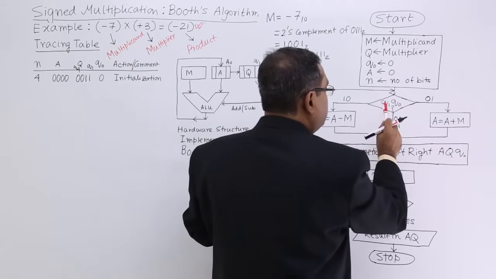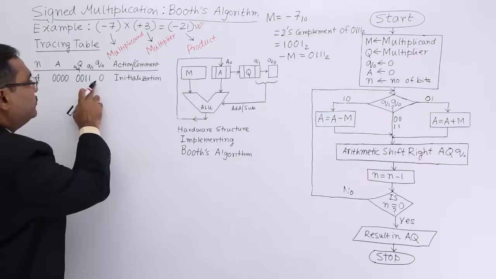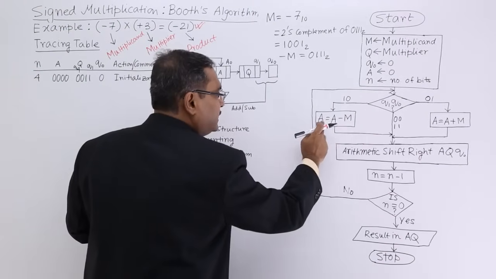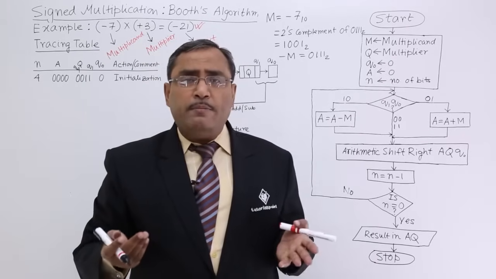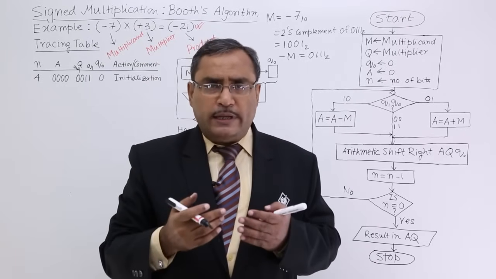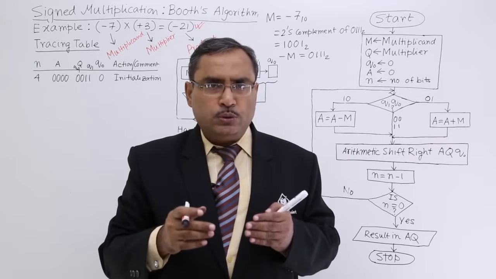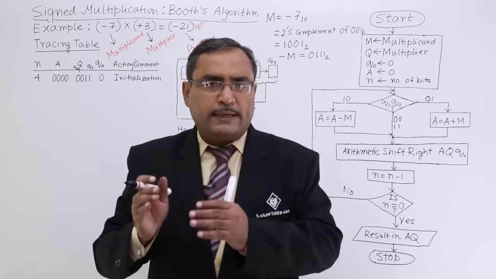Next, it is checking the value of Q1 and Q0. Q1 and Q0 are here 1 and 0. 1 and 0 means A is equal to A minus M. What is A equal to A minus M? I can think of it this way: A equal to A minus M means A equal to A plus (-M).